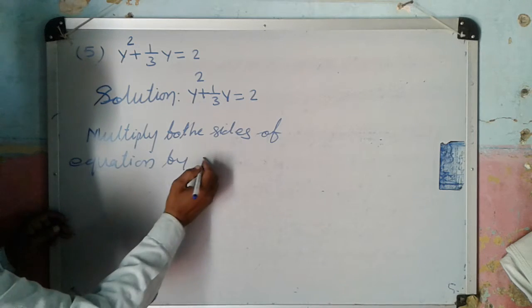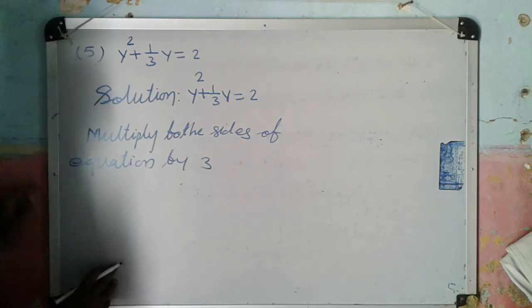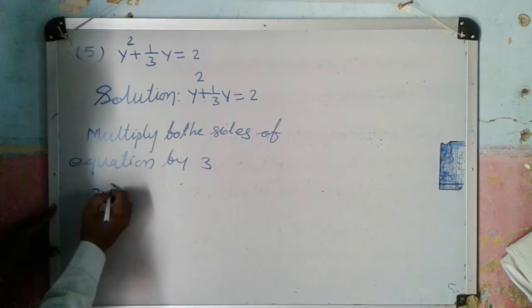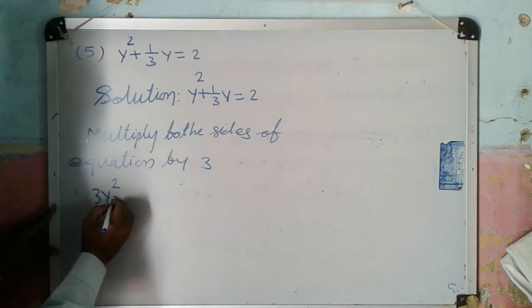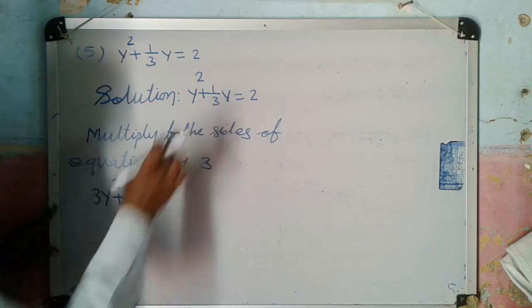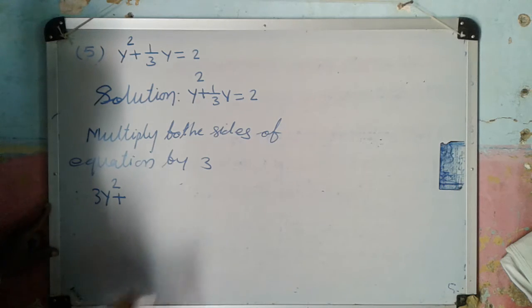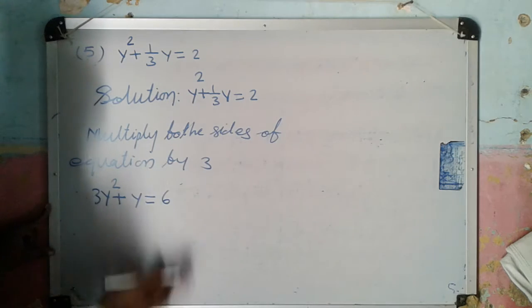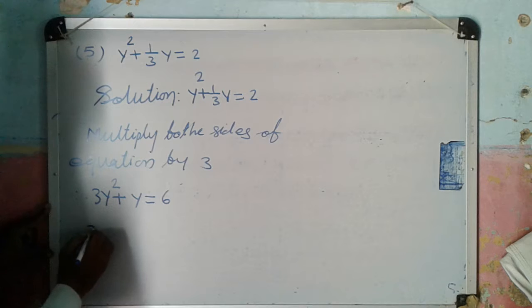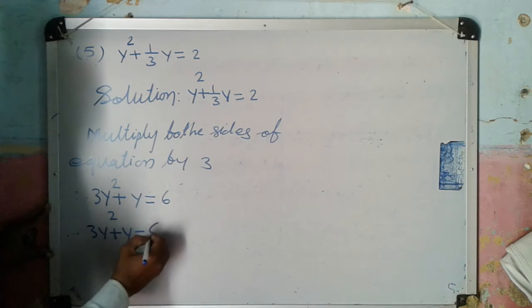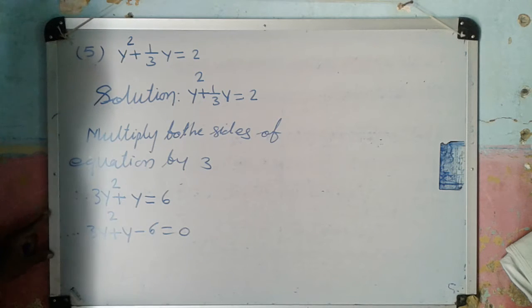After multiplying by 3 we get 3 into y square we get 3y square plus 1 upon 3y multiplied by 3. So here 3 gets cancelled, we get y, is equal to 2 multiplied by 3 we get 6. Now write this in standard form. Here we get 3y square plus y minus 6 is equal to 0.